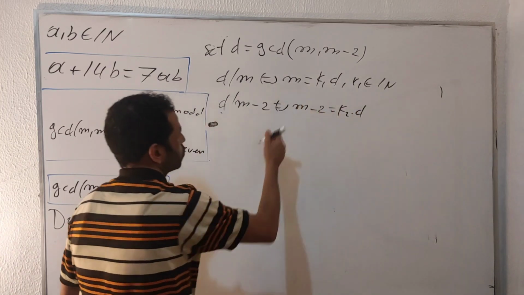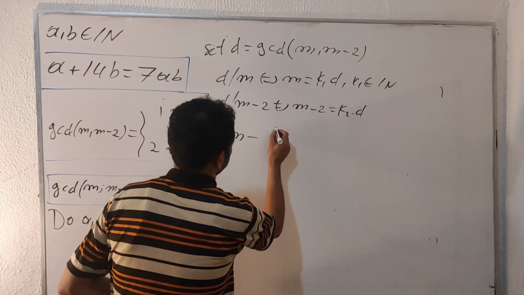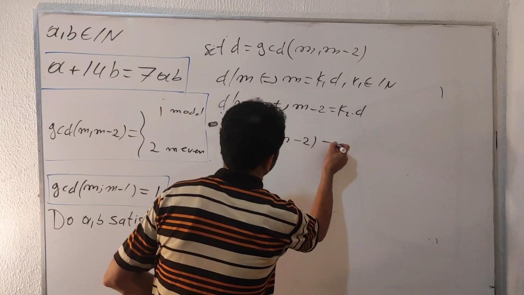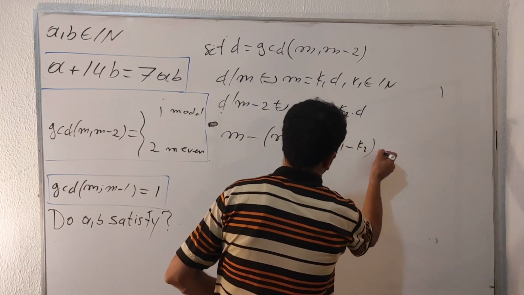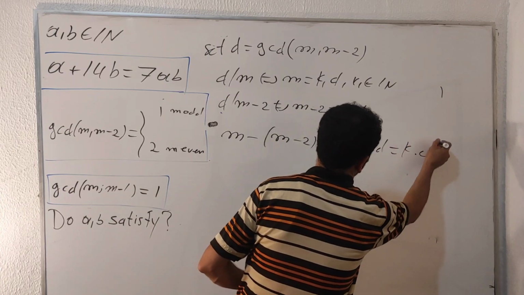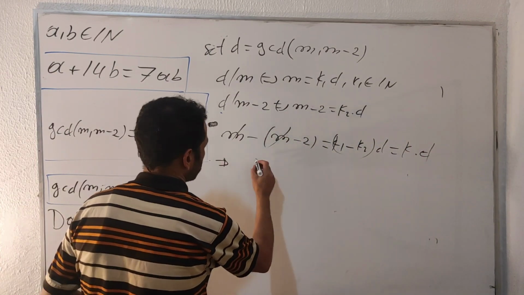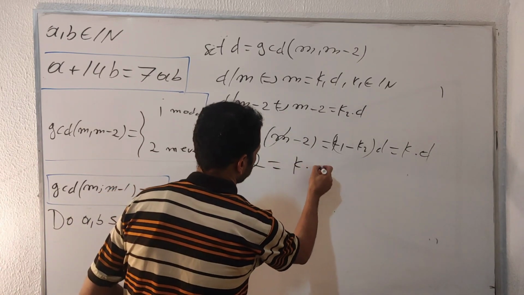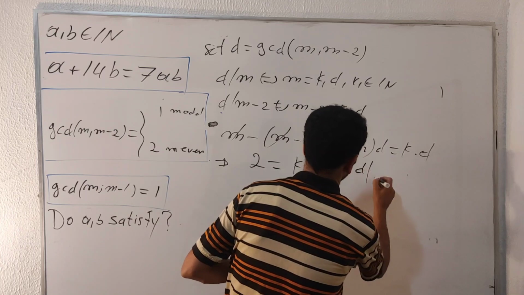I'm going to take the difference of these two integers. I get 2 equals k1 minus k2 times d, which equals k multiplied by d. So d divides 2.